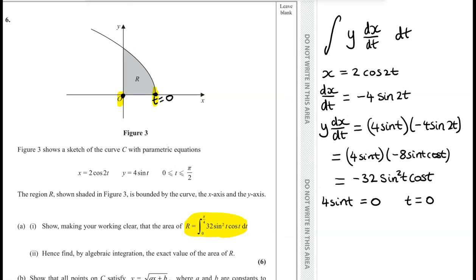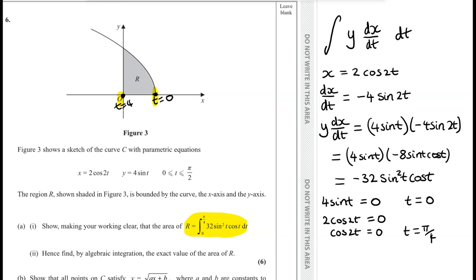And now we'll find our other value here. We've got our line of x equaling 0 that is bound between there. So we're just going to sub in x equals 0. 2 cos 2t equals 0, so you end up with cos 2t equals 0, and you'd solve that to get t as pi over 4.